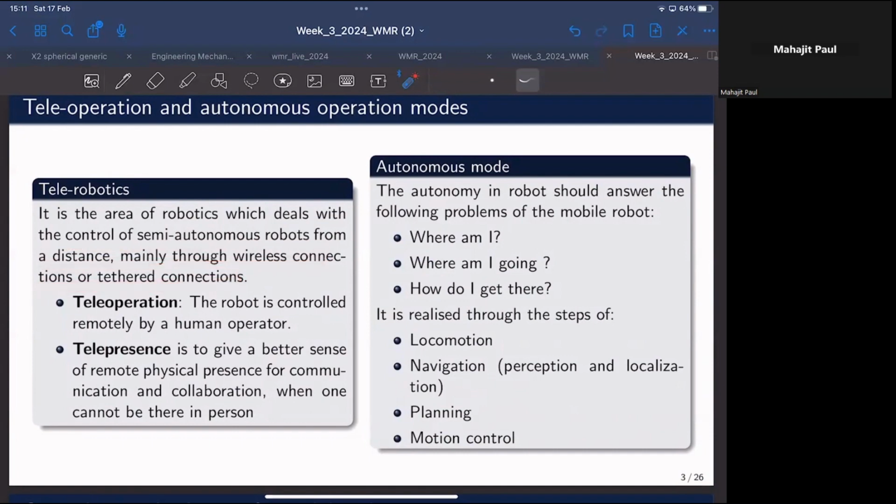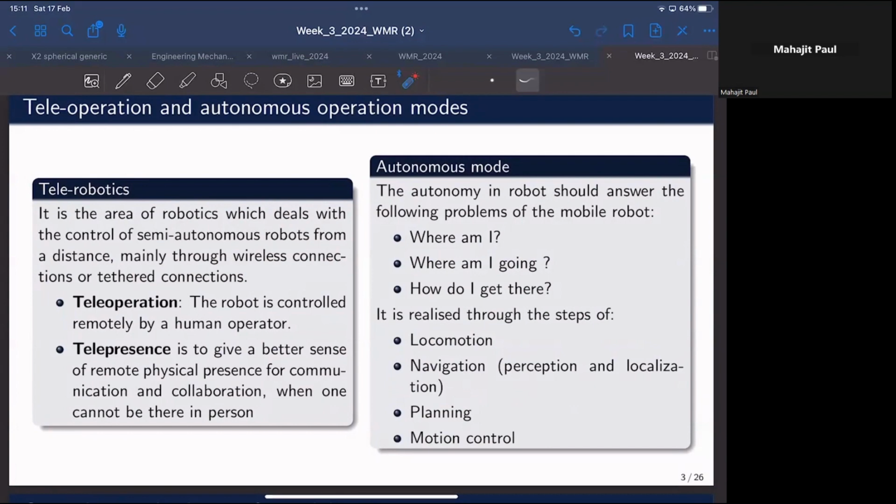Like if you build a mobile robot and you control its motion just by using a joystick, maybe if you push the trigger forward, it may move forward. If you move the joystick sidewise, it may move sidewise. So the entire movement of the mobile robot would be fully controlled by a joystick.